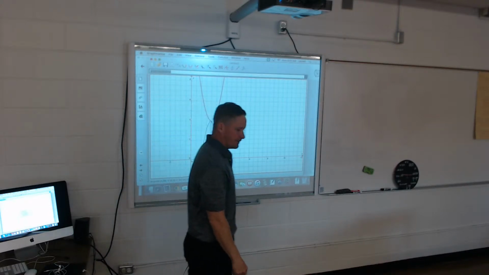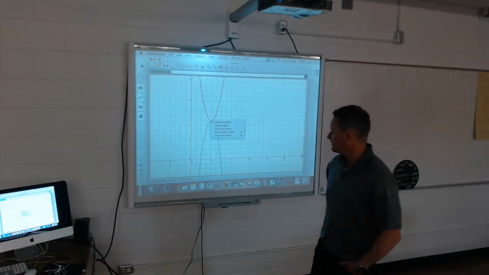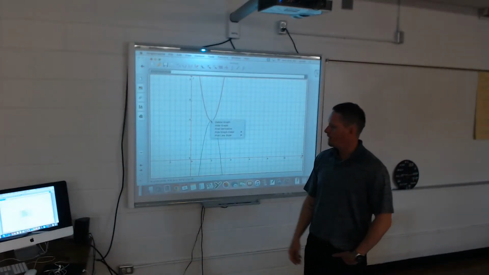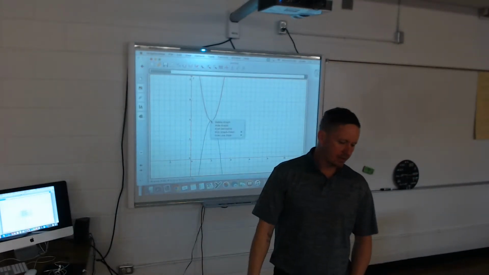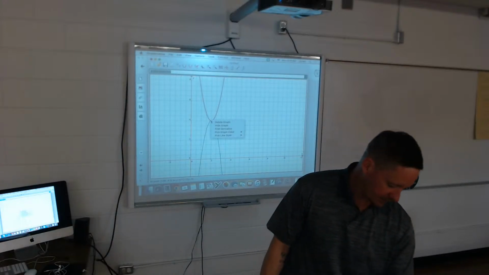I can't quite get it on exactly, but it looks like the solution will be 2 and 4, which is the vertex for both of those two graphs.